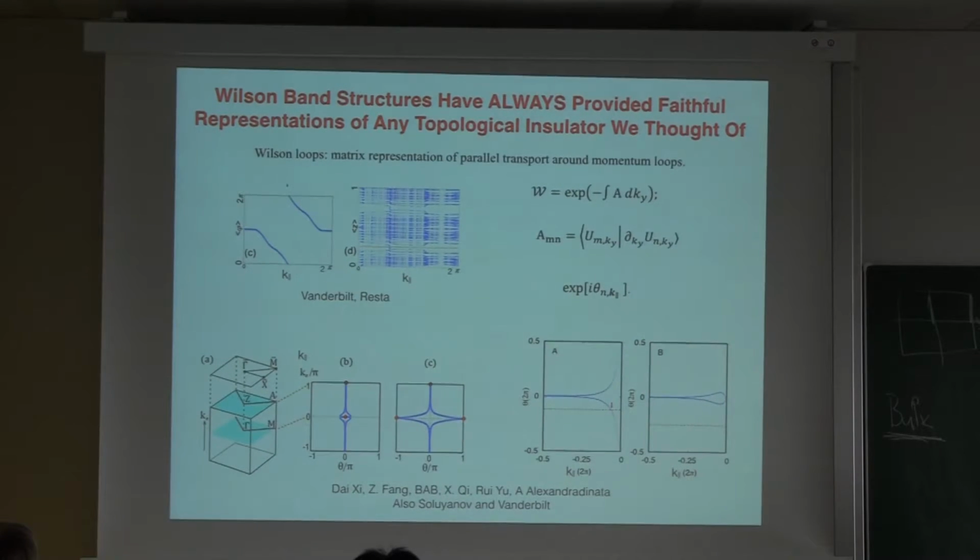Wilson loops are something that everybody in ab initio who wants to compute topological invariants has to do, because computing Chern numbers and Z2 invariants the way Kane and Mele found the Z2 invariant with the Pfaffian is very nice theoretically, but practically it's not very useful because you need to fix a smooth gauge, and that's almost impossible, or it takes a very long time. So the Wilson loop is the way you actually do it in any real material.